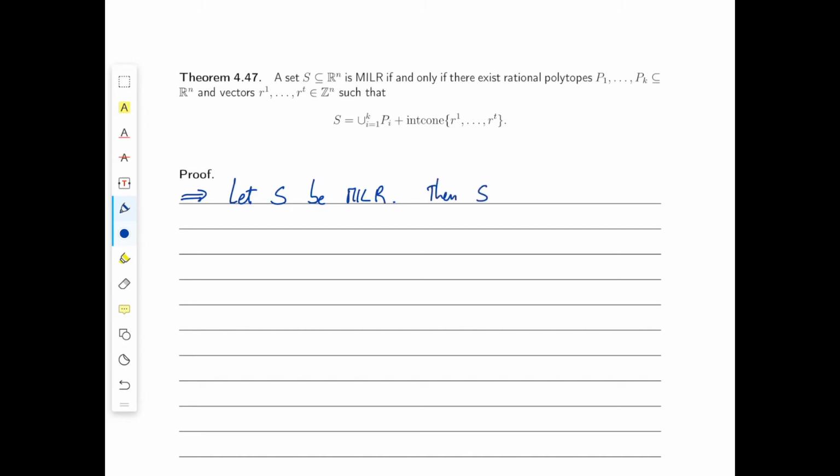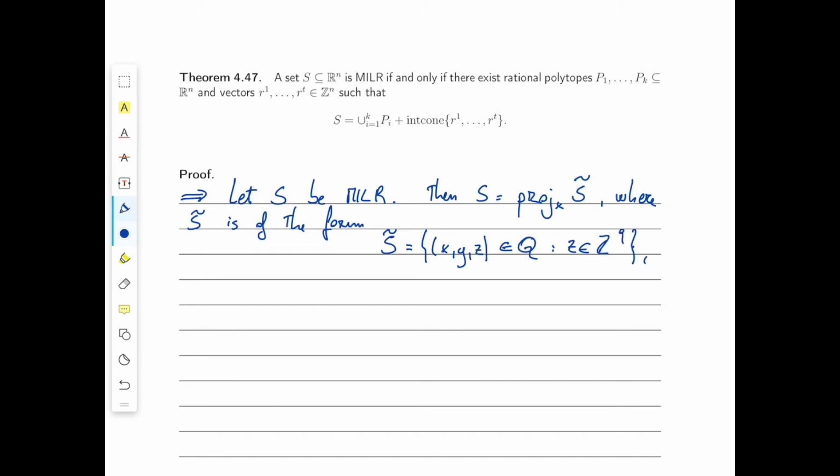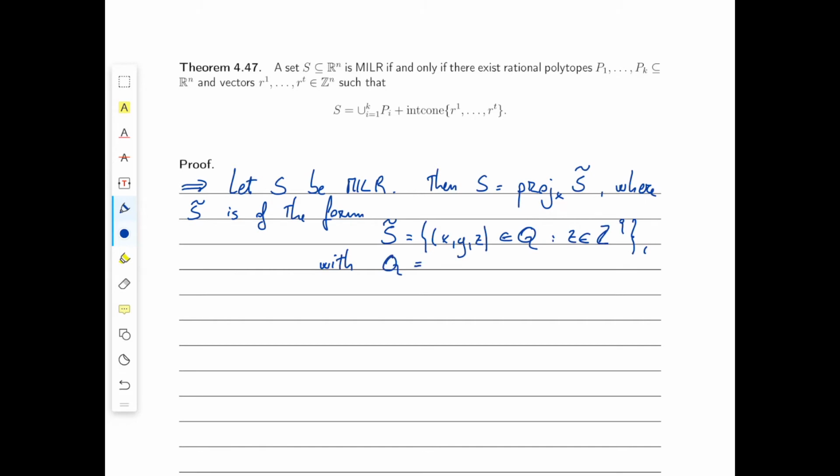Then S is the projection onto the X space of a set S tilde, where S tilde is of the form: the set of (x, y, z) in some polyhedron Q such that z is integral, with Q equal to the set of points (x, y, z) such that Ax + By + Cz is less than or equal to d, and all the data is rational: A, B, C, d rational.